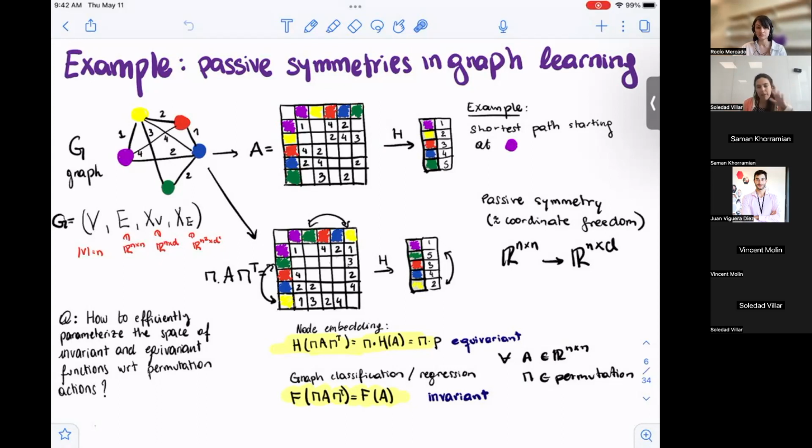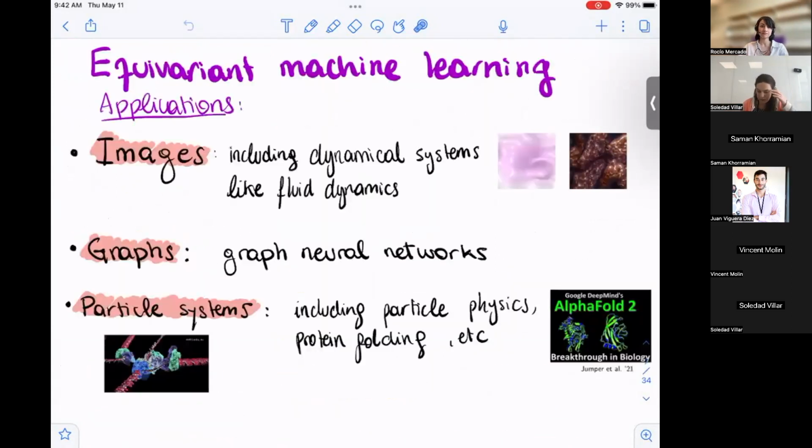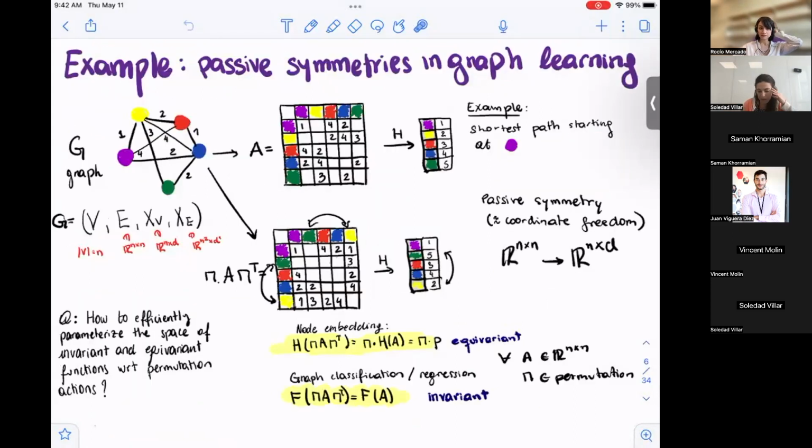That's a very large area of research where people study the expressive power of message passing neural networks, graph neural networks, etc. I'm not going to go into the details of that, but I'm happy to discuss it afterwards if that's something that interests you.